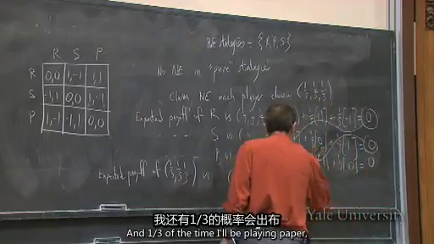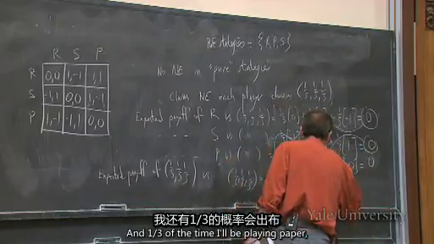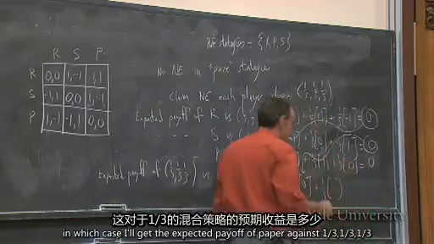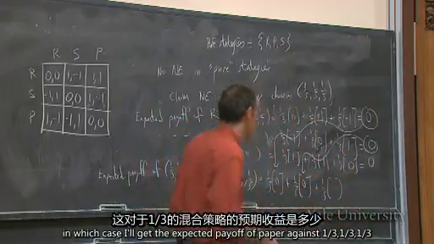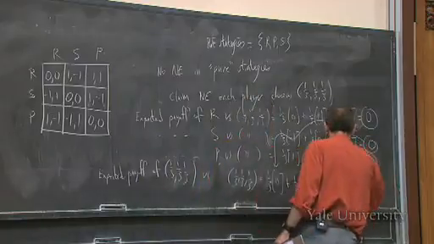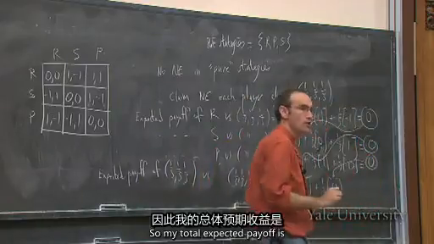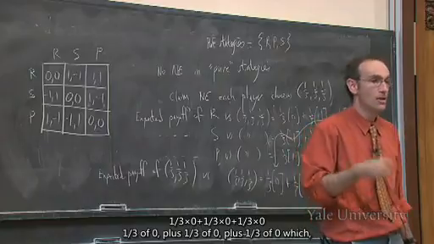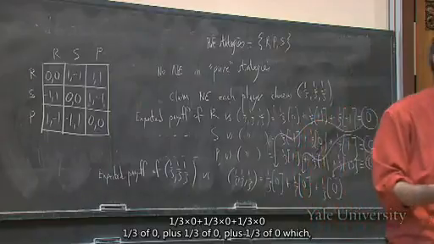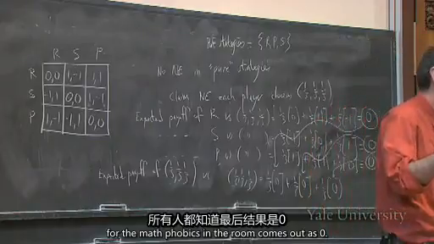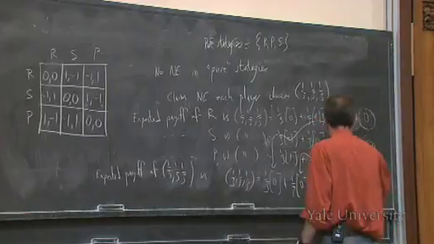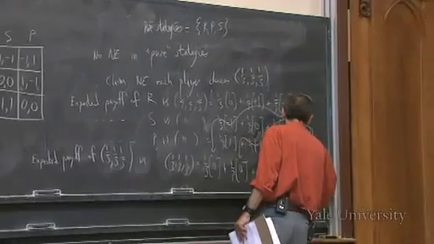And a third of the time, I'll be playing paper, in which case I'll get the expected payoff of paper against a third, a third, a third, which once again was 0. So my total expected payoff is a third of 0 plus a third of 0 plus a third of 0, which for the mathphobics in the room comes out as 0. Okay, a third of 0 plus a third of 0 plus a third of 0 is 0.